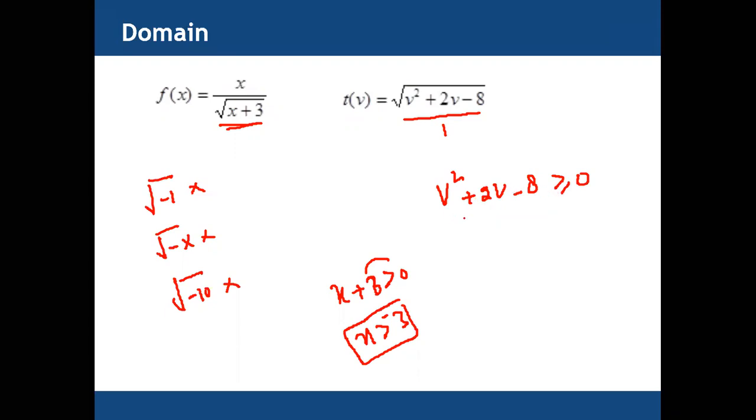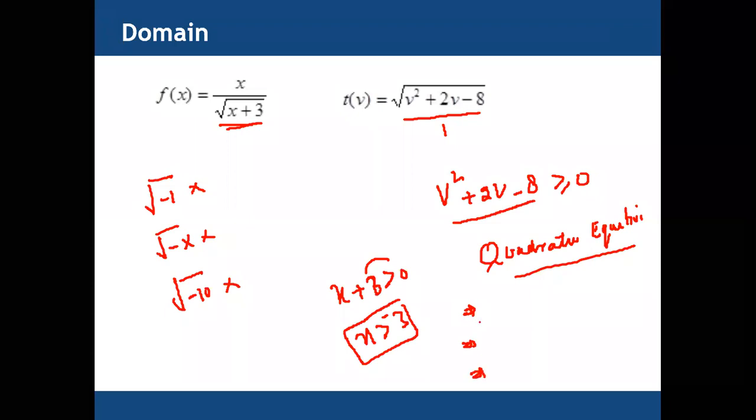You know that this is actually a quadratic equation. In how many methods can we solve a quadratic equation? There are 3 methods. What are these? You can solve with the help of factorization.